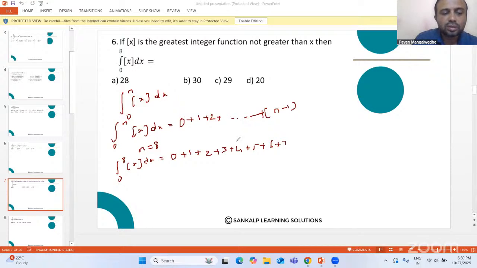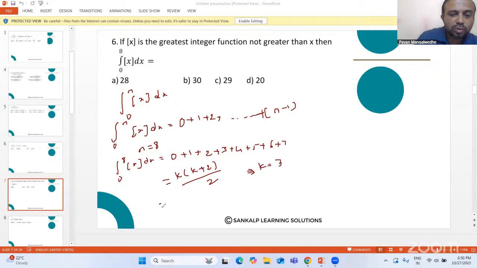After solving these 8 terms, we can see that this is an arithmetic series. We can use this formula for finding the sum, that is k into (k plus 1) by 2, where k is equal to 7.